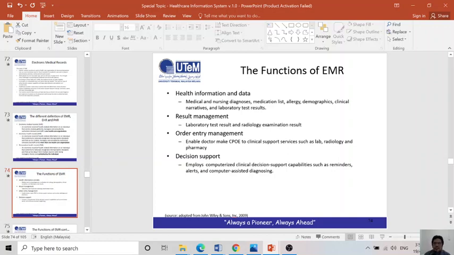The EMR function is also to order requests. When the doctor orders a request, for example a request for a test, an imaging examination, or medication, the EMR is a tool to send and receive the request.